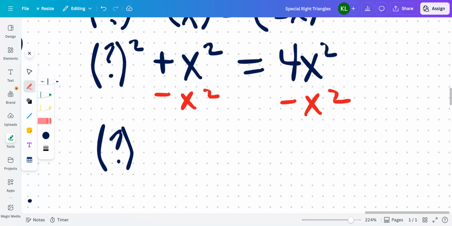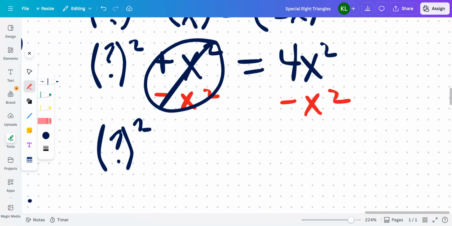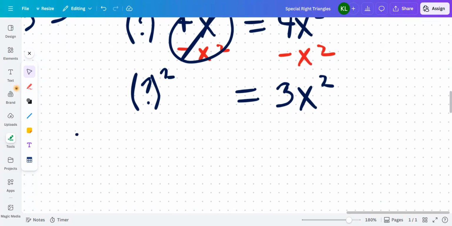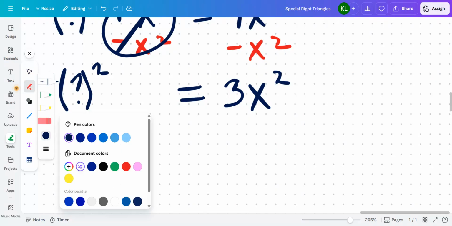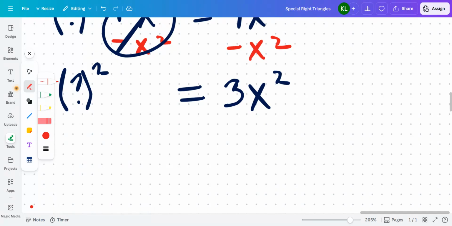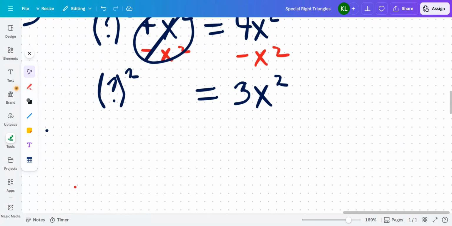So we have our question mark squared. 1x squared minus 1x squared is 0. So our question mark squared is equal to 4x squared minus 1x squared, which leaves us with 3x squared. And just like earlier, we need to isolate that unknown value, and it's being raised to the power of 2. To undo that power of 2, we are going to take the square root of both sides of the equation.